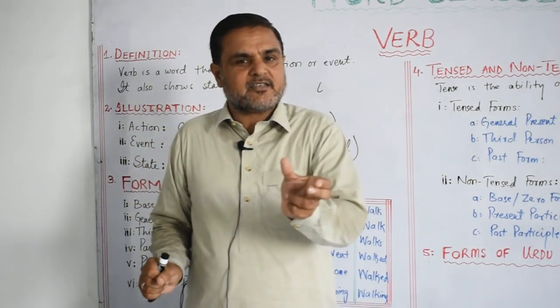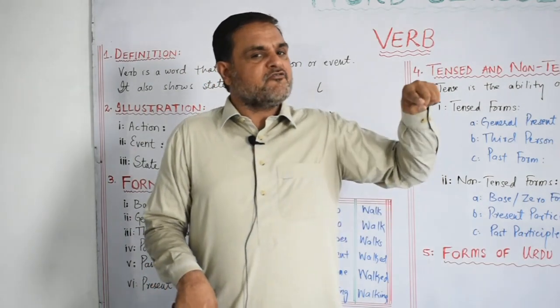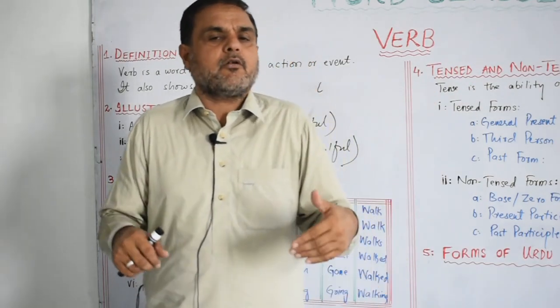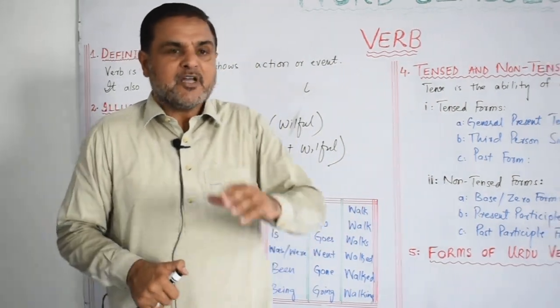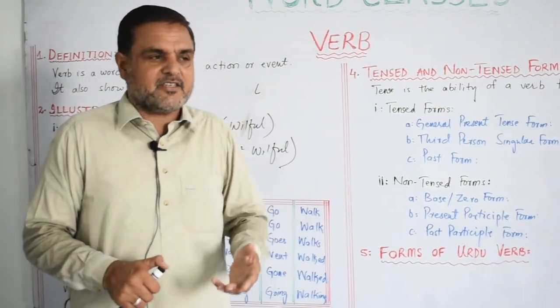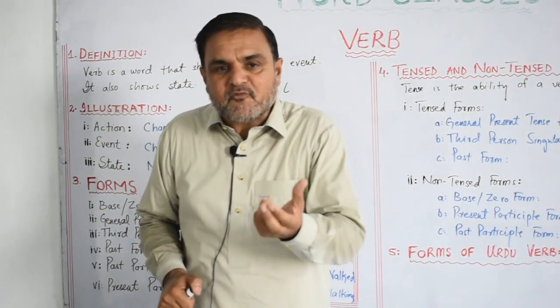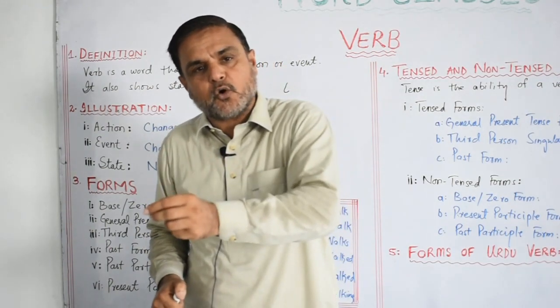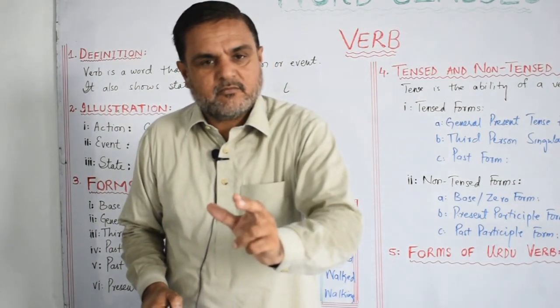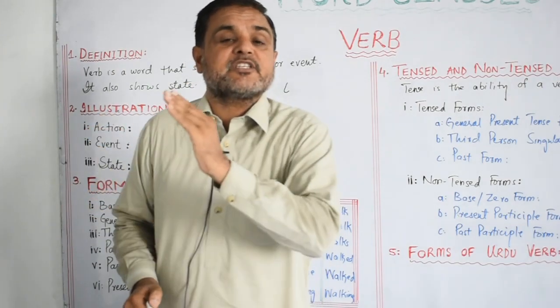Simply, change of state is something that is represented by verbs in the English language or in other languages for that matter. And in some cases, very few cases, some verbs in English also show no change, and thus we call them representatives of state.